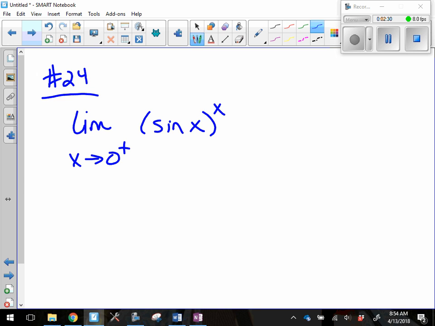You substitute in, okay? And if we substitute in, what are we going to get? 0 to the 0. Is that one of my indeterminate forms? Yeah.